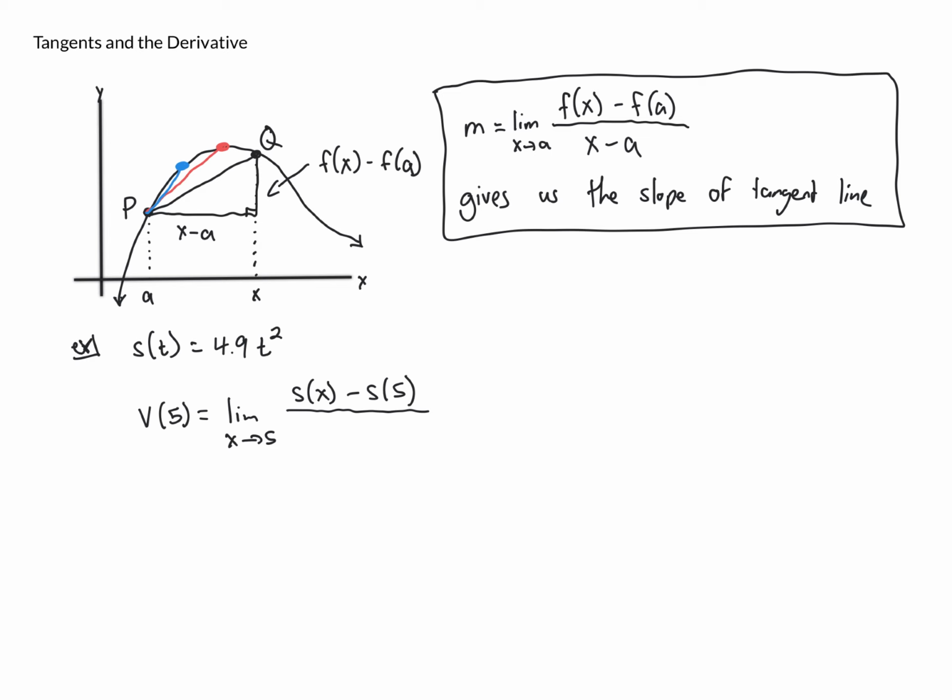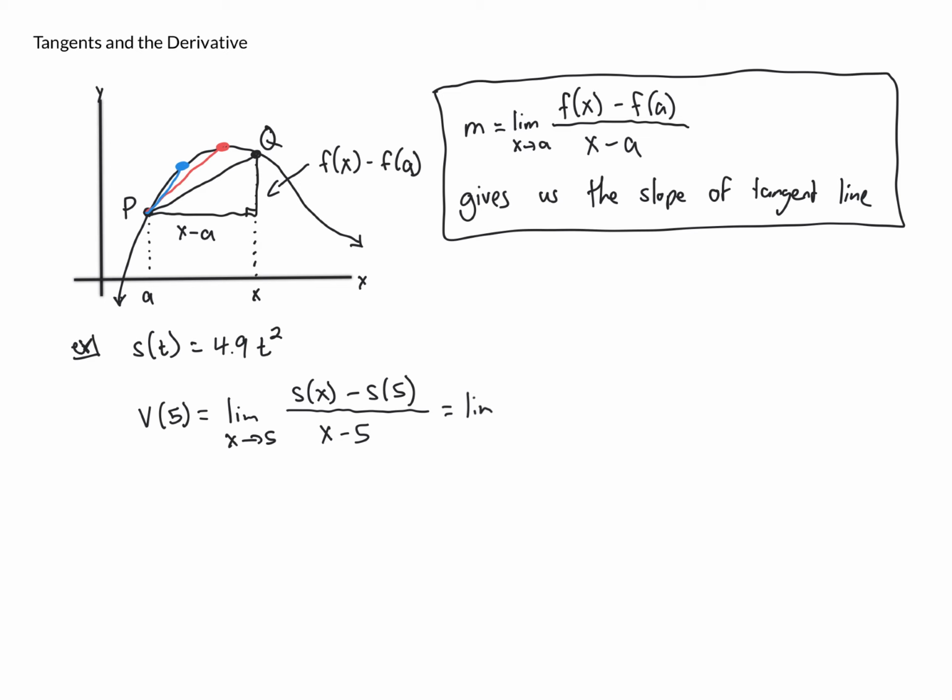And that's going to be over x minus 5. That's because we want to know what's going on at 5 seconds. That's kind of our anchor point. And then for the other moment that we're looking at, we want it to get closer and closer to that. So we want this x value to get closer and closer to 5.